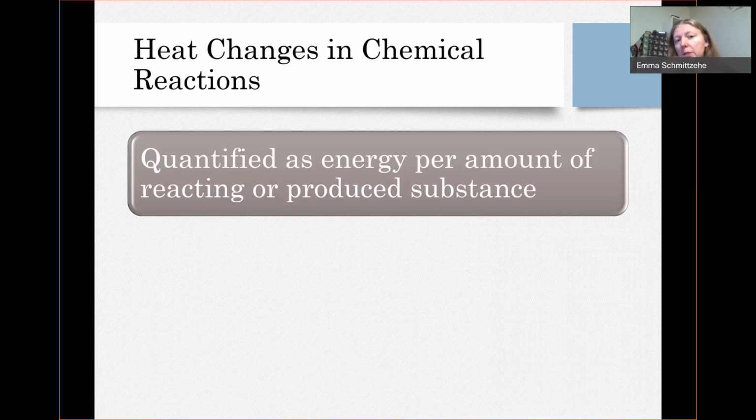So sometimes you'll see these heat values written off to the right side of a chemical reaction. A lot of times they're labeled as delta H. So you might have a chemical reaction and next to it a delta H value, and that's telling you how much heat is either released or absorbed by that reaction, and that is scaled to that reaction.